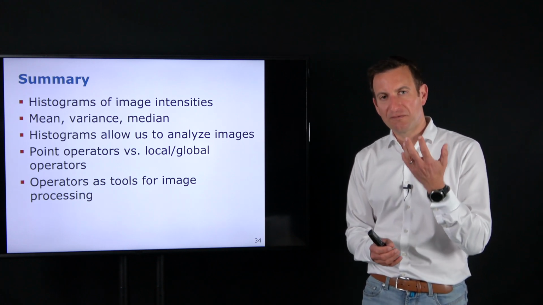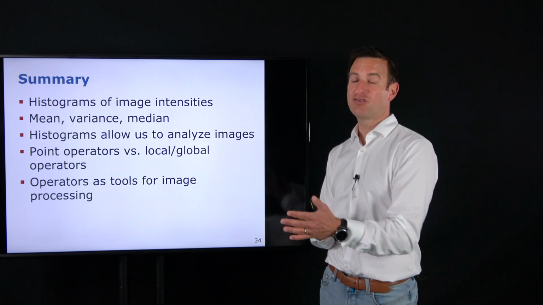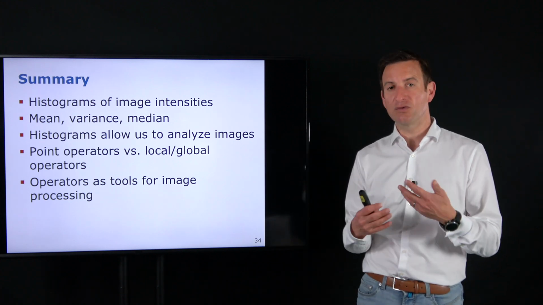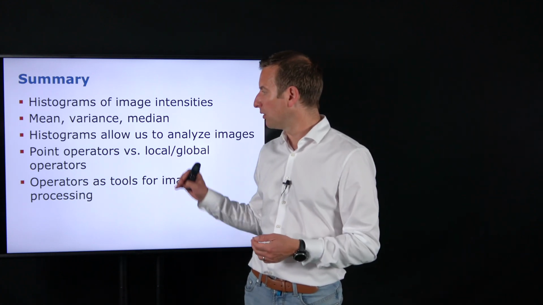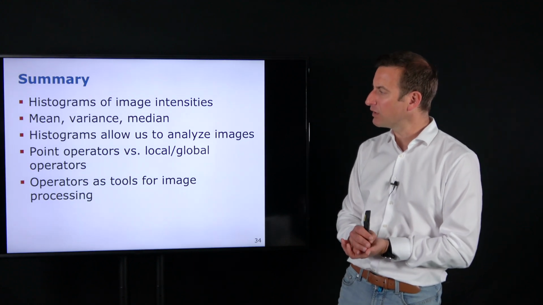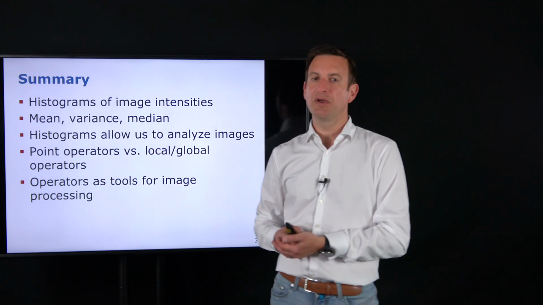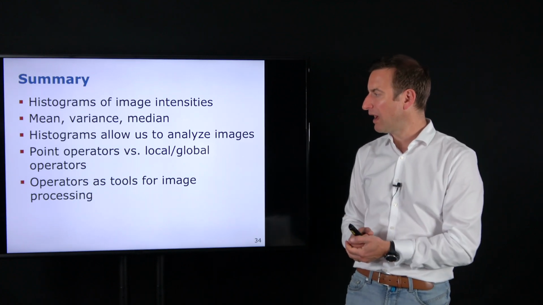We can then use functions to change those images and change also the resulting histograms. And we looked into very simple so-called point operators today. So we haven't looked into local or global operators. That's something that will happen throughout that course as well. But for now, we focused on the so-called point operators, which only take one input value and map it to one output value.